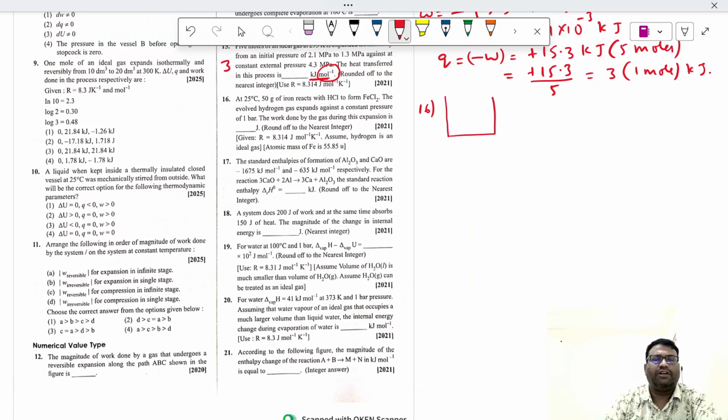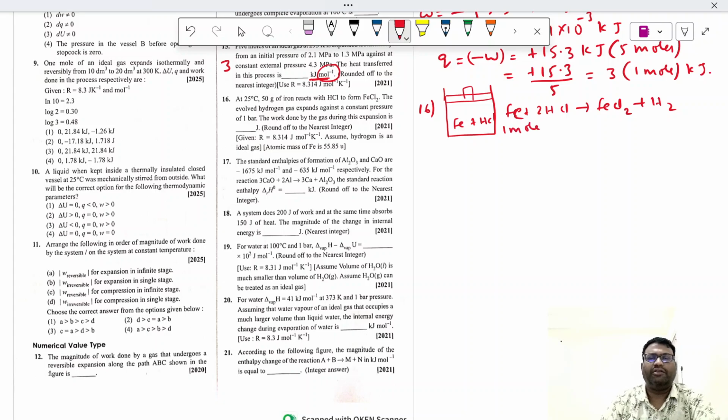Here, what is taken in the cylinder? Fe and HCl are taken. Fe plus 2HCl gives rise to FeCl2 plus H2. So 1 mole of iron is producing 1 mole of hydrogen gas.